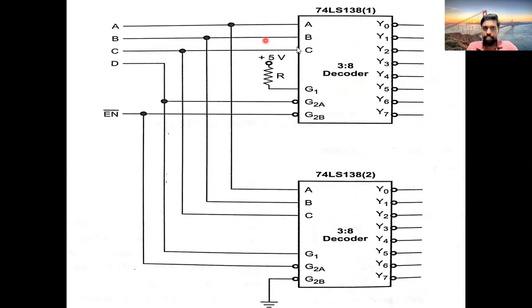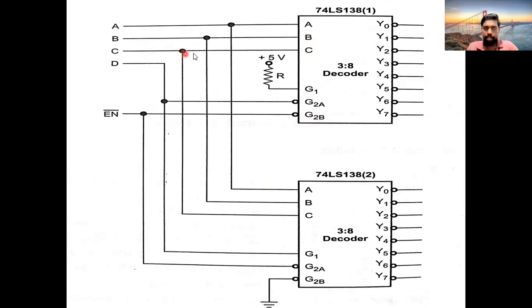Here I am having 3 inputs A, B, C, and here also I am having 3 inputs A, B, C. As the inputs are common, I am tying these inputs here. The dots represent the tying up of inputs. I am cascading them. Therefore I take common inputs A, B, and C for the first IC as well as the second IC.